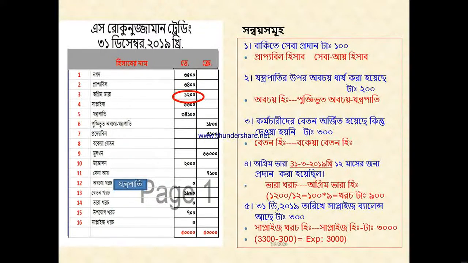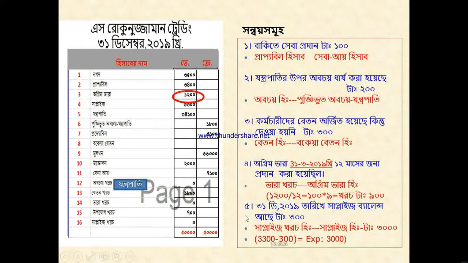In this particular case, advance rent is an asset, but it has decreased, so it will be credit. If any assets come into the business or increase, it will be debit. If any assets go out from the business, or decrease, it will be credit. So rent expenses debit taka 900, advance rent credit taka 900.